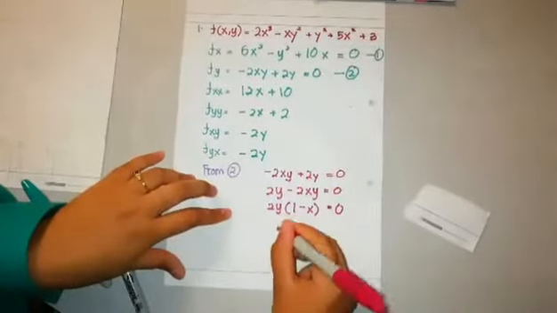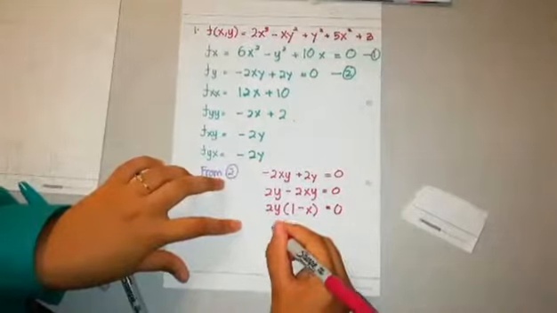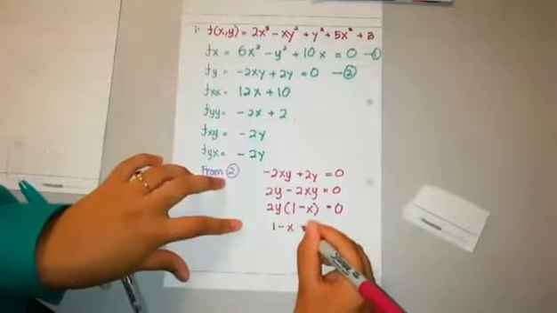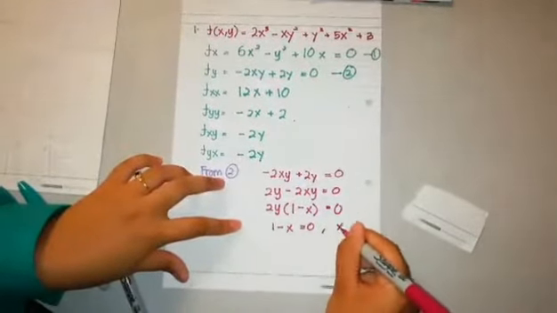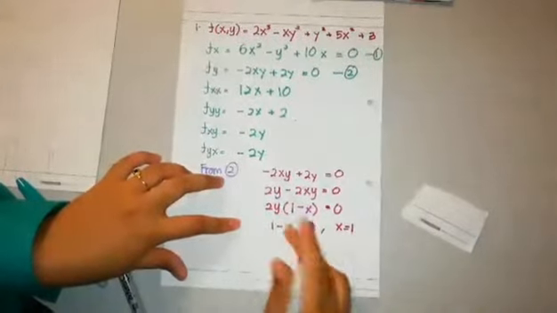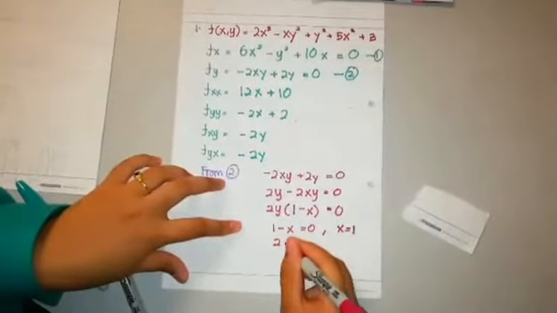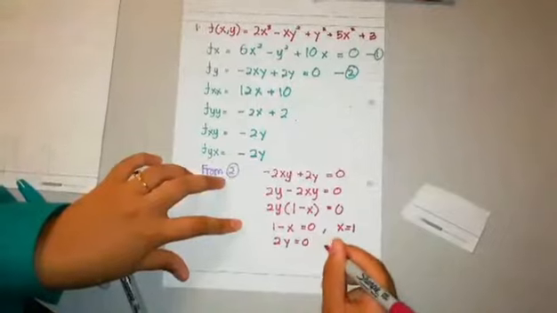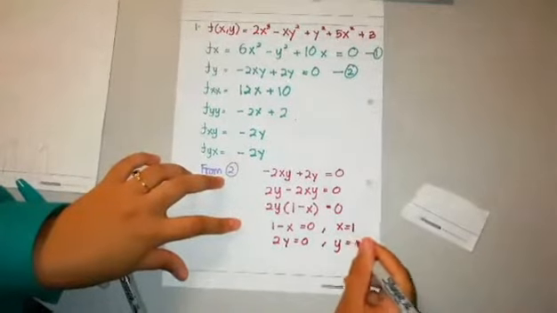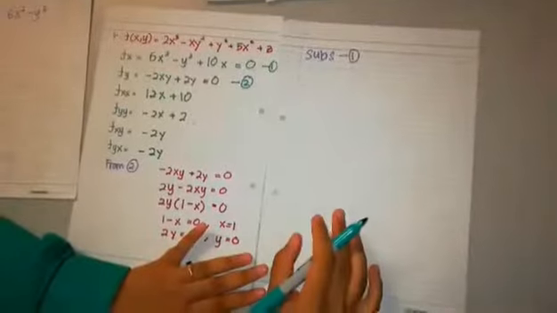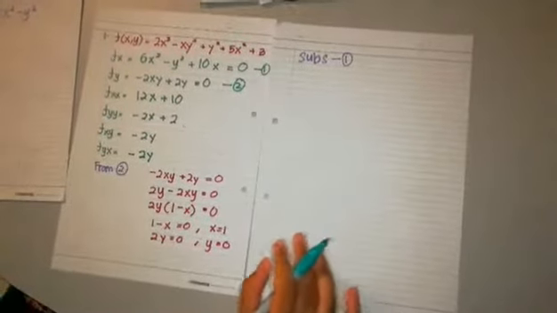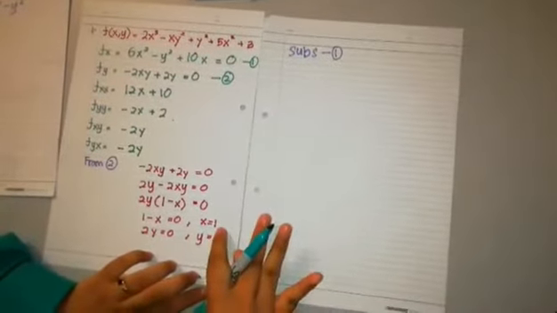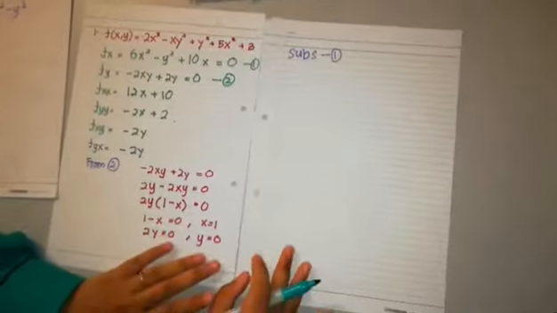So we will get 1 minus x equals 0, so x equals 1, and the other one is 2y equals 0, so y equals 0. Okay, let's continue. We get x equals 1 and y equals 0.